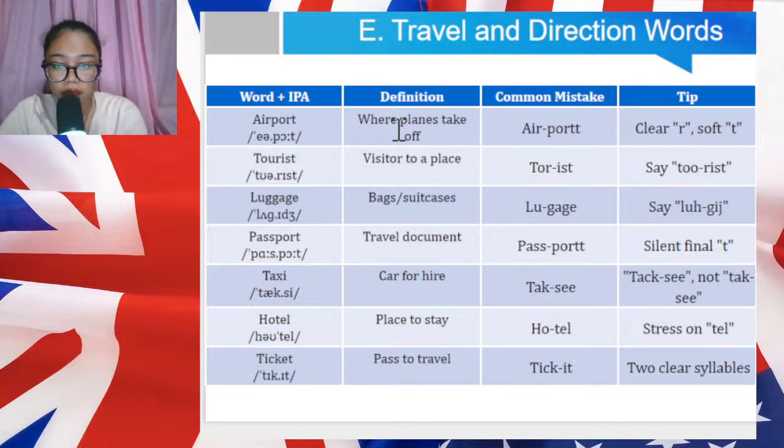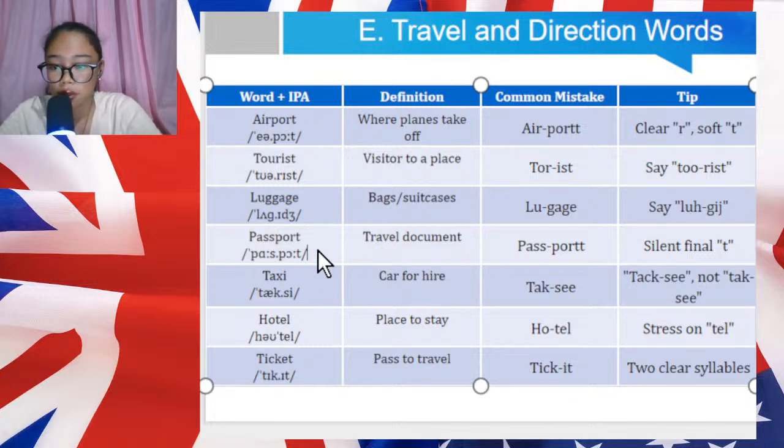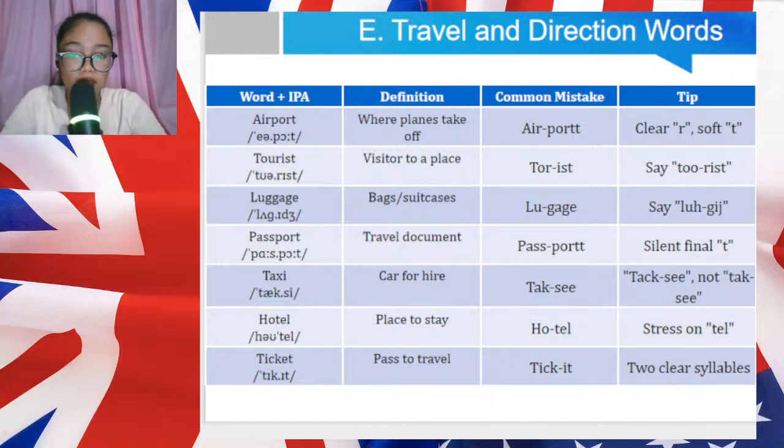It should be pronounced as passport, as you can also see in its IPA transcription. By definition, a passport is a travel document. It is what you use at the airport, what you use to travel. That is a passport. Again, passport.